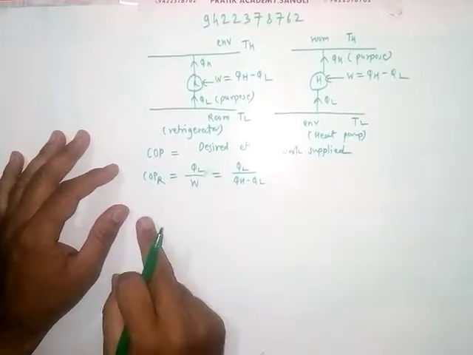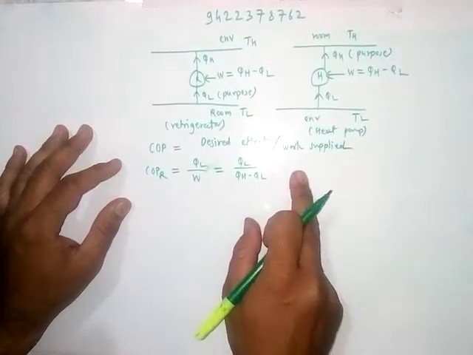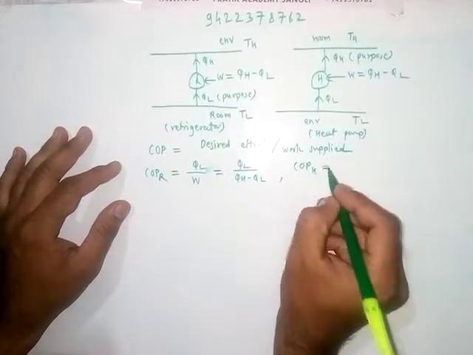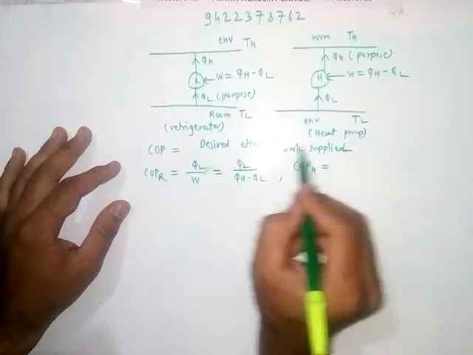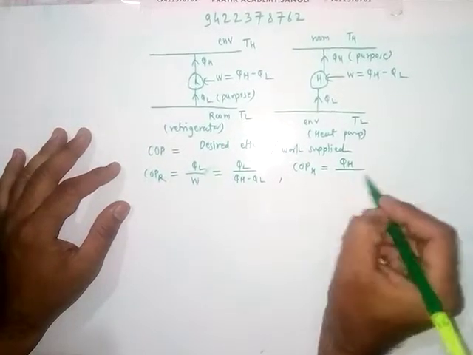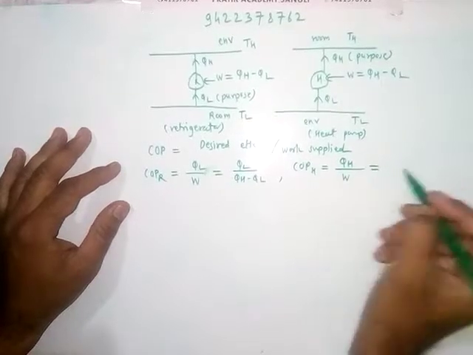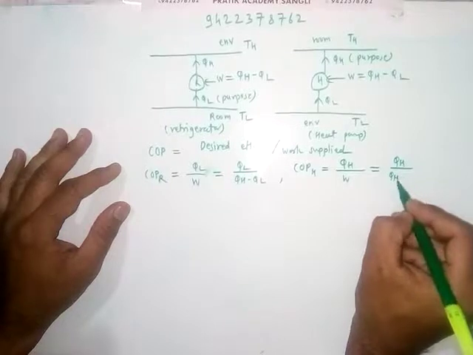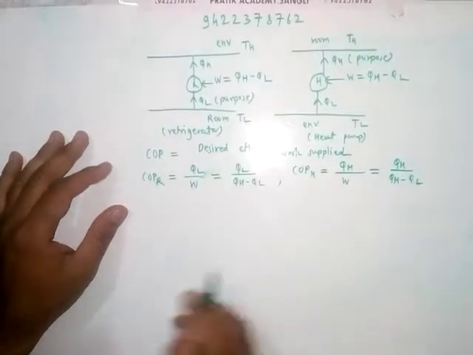So this is the COP of the refrigerator. For the COP of the heat pump, again the same definition, desired effect upon work done, it changes to QH upon W, which is QH upon QH minus QL.